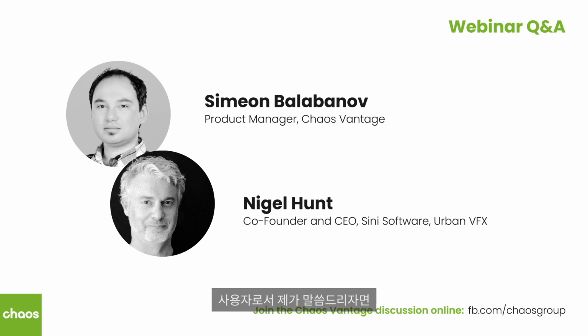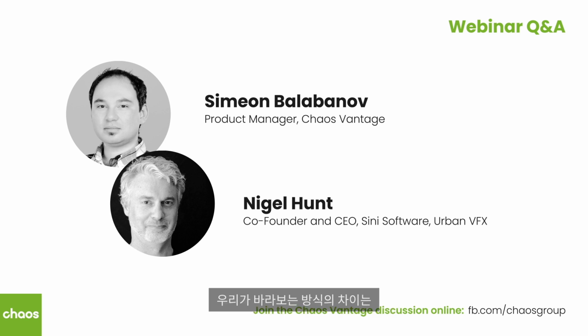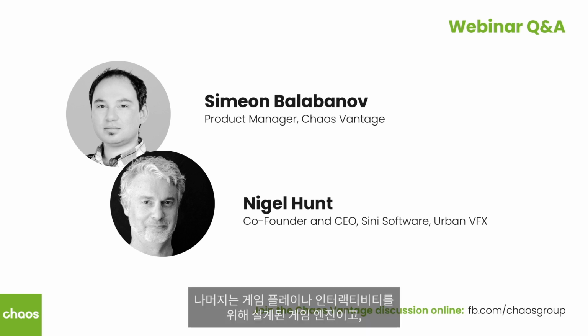I think as a user, I could just jump in there and say, yes, we use all the technology. So we use Unreal, we use Unity, and we use Vantage. I think the difference, the way we like to look at it, is the others, as Simeon has said, are game engines.